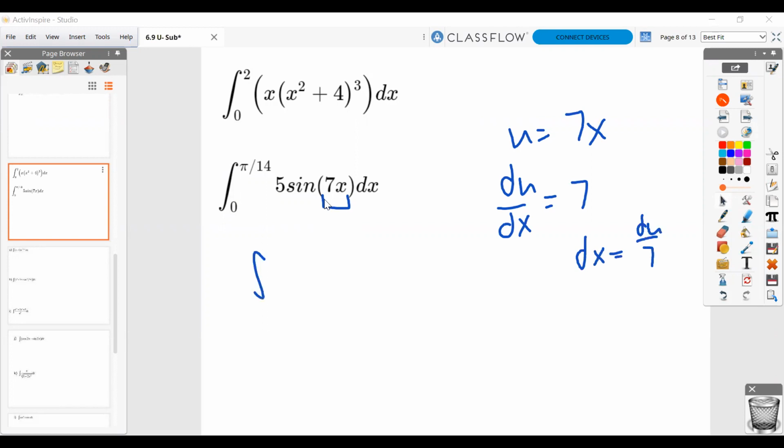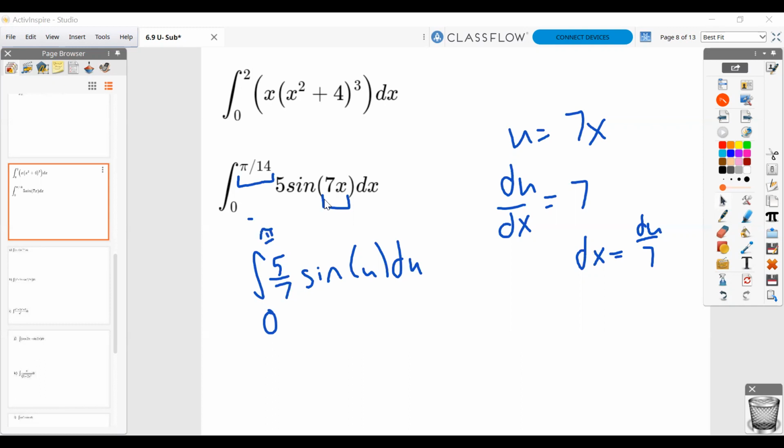This now becomes the integral of 5/7 times sine of u du. And then all we have to do is figure out our new bounds. If we plug 0 in, we're going to get a 0 out. So that's not too bad. If we plug the pi over 14 in, pi over 14 times 7 just becomes pi over 2.